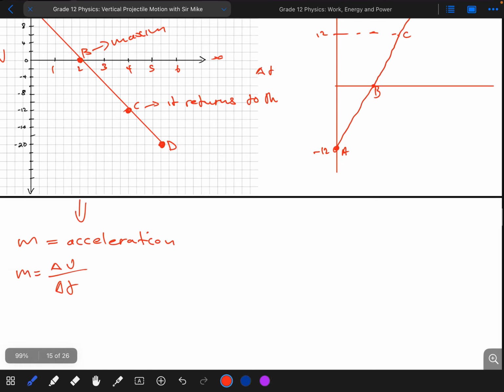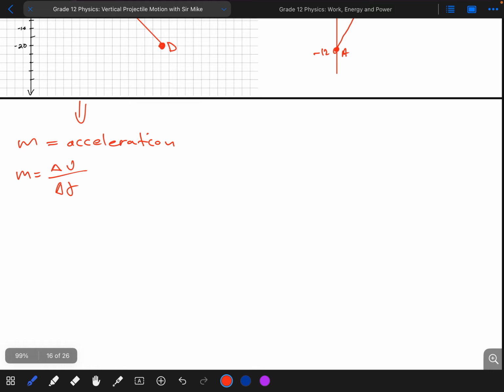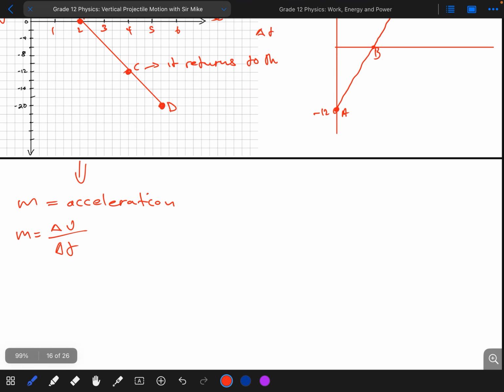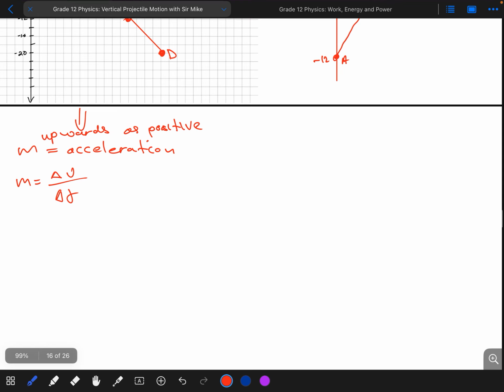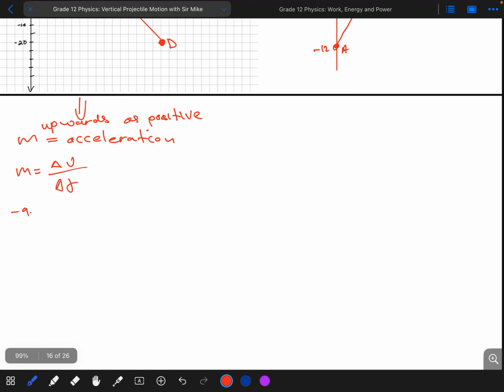This is when we took upwards as positive, so the acceleration is negative: negative 9.8 equals v final minus v initial over t final minus t initial. You can also use that equation if you're trying to find either the velocity or a time, when you have the rest.